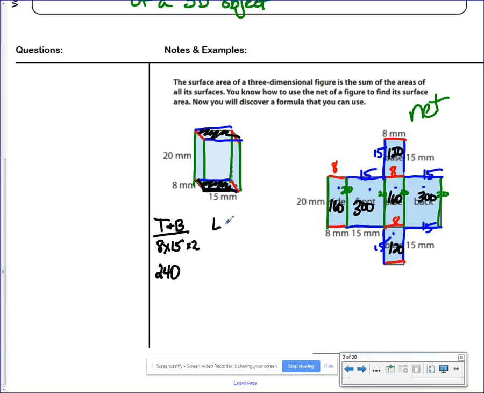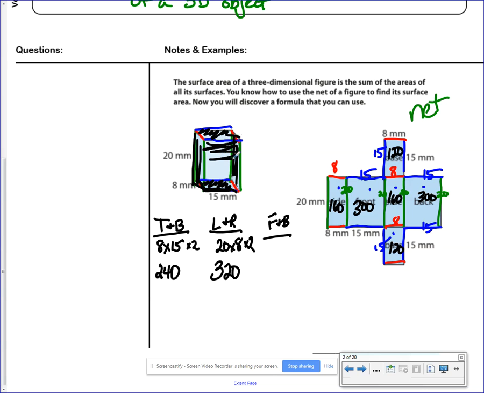Then let's do the left side and the right side. Here's the left side, which happens to be 20 by 8. Okay, and there's another one over there that's 20 by 8. So take 20 by 8, and there's two of them. Last but not least, we have the front and the back.